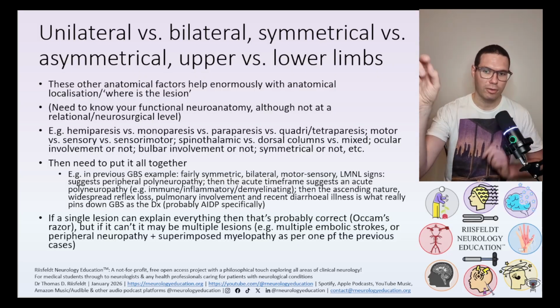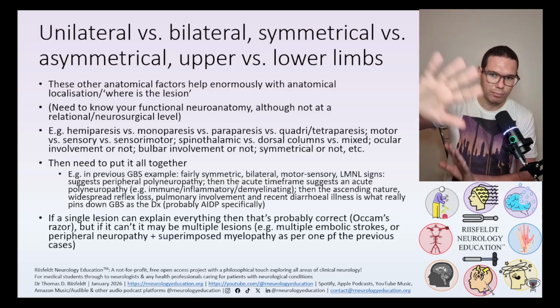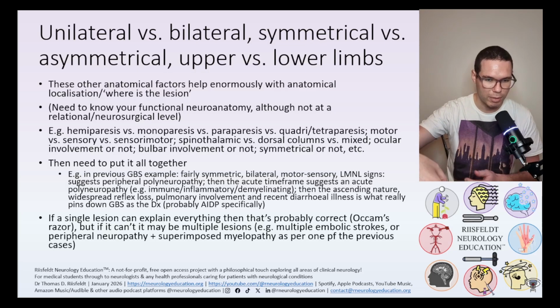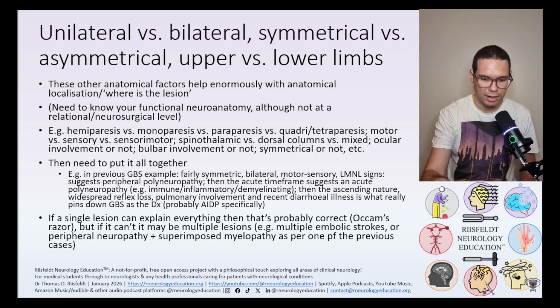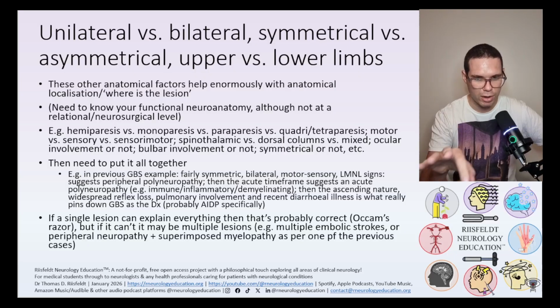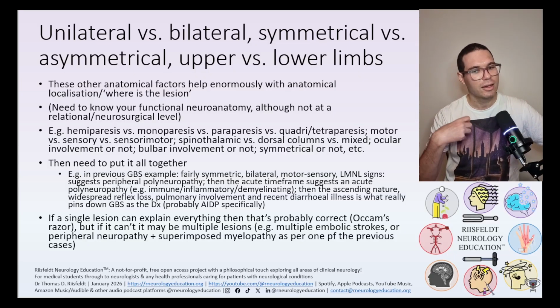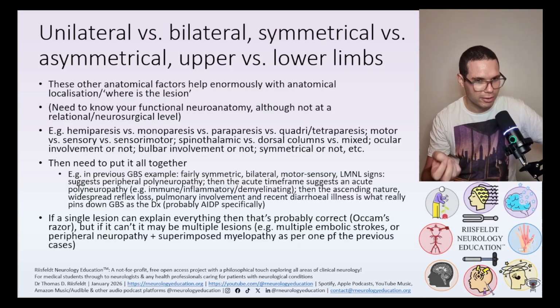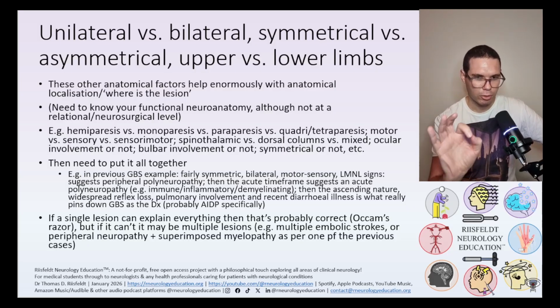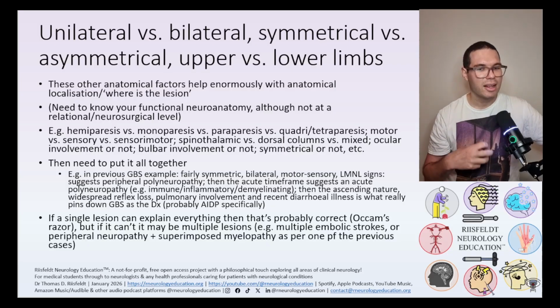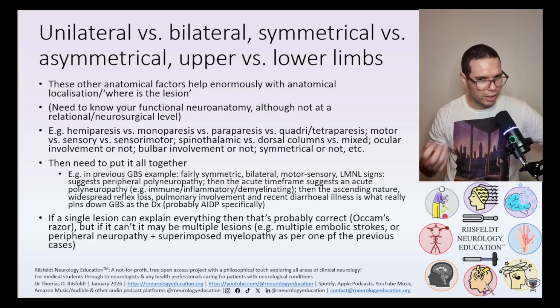So if you had a diagram of the central and peripheral nervous system on a piece of paper, and you could get a pen and just do a little cross of one little part of that nervous system, and with that one little cross, you could explain all the symptoms and signs with one lesion, then according to Occam's razor, that's probably where the lesion is. Not always, but probably. Conversely, if you can't just do a little cross and knock off one little part of the nervous system and explain all the symptoms and signs, then you might actually be dealing with multiple lesions.